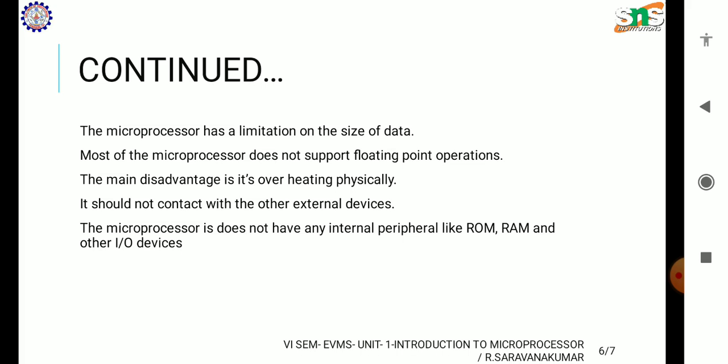Then it should not come in contact with other external devices. The microprocessor also does not have any internal peripherals like read-only memory, random access memory, and other input output devices. Thank you.